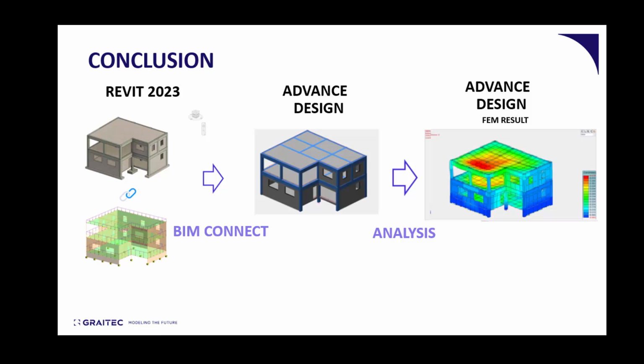So as a conclusion, what we can say about the link from Revit to Advanced Design. We have seen that in different types of scenarios, by using the Beam Connect, we are still able to export our analytical or physical model to Advanced Design, where it's possible for us to realize some fine study and to obtain the FEM result.